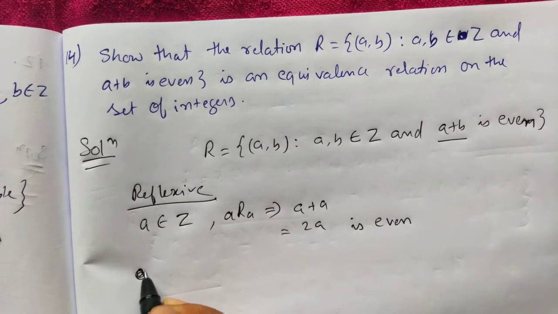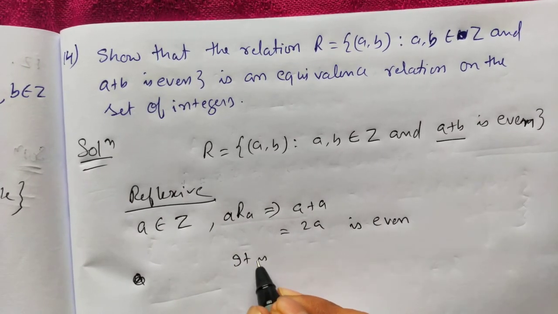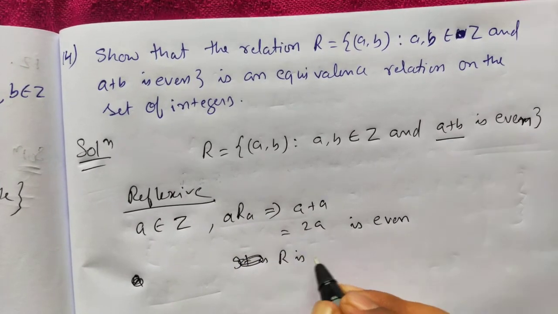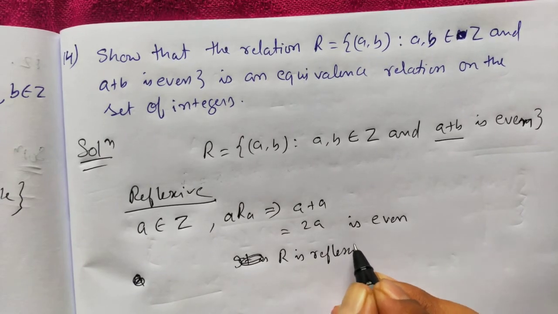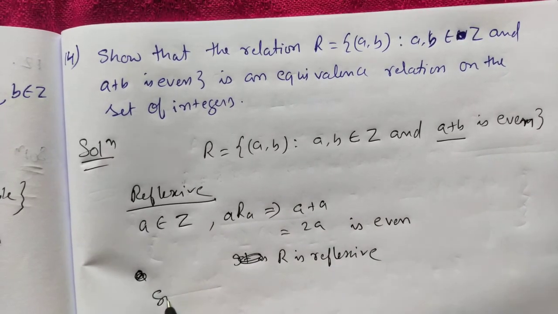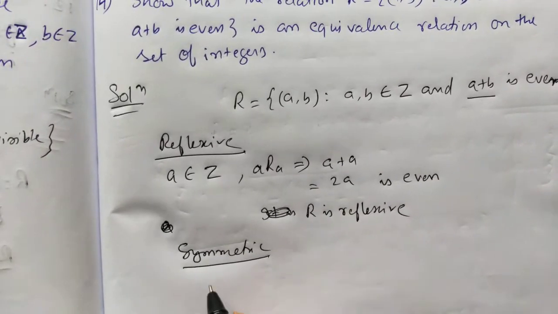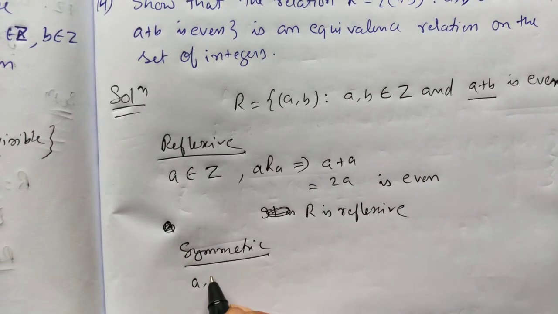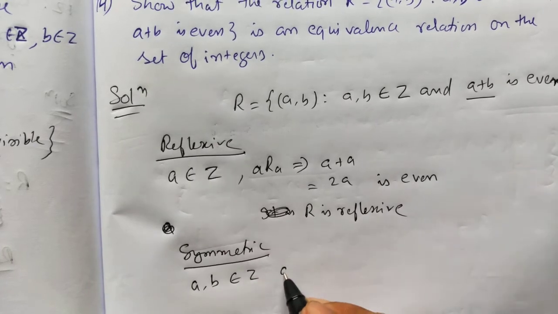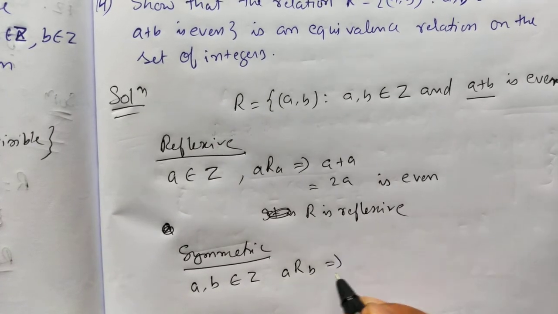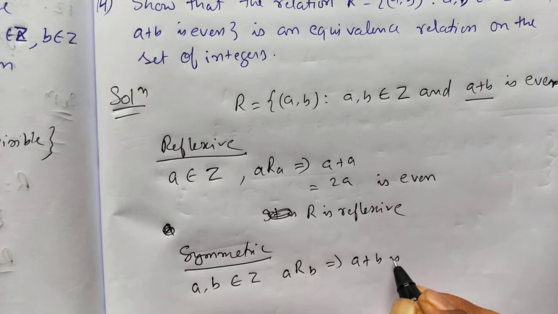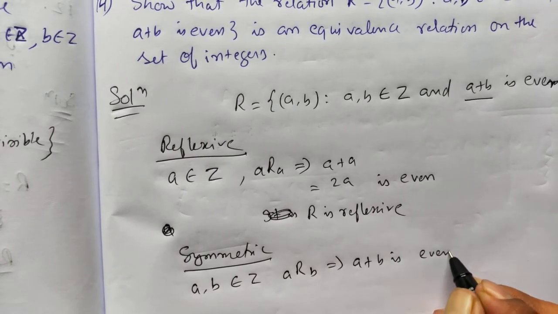Now we'll check for symmetric. For symmetric, I need A, B belong to Z. A related to B implies what? A plus B is even.